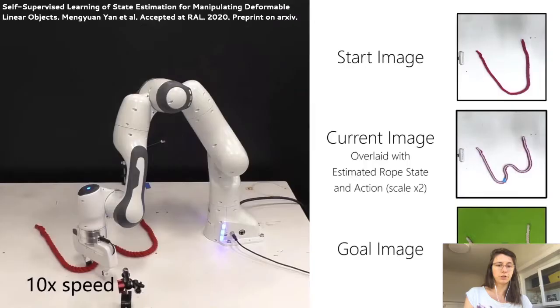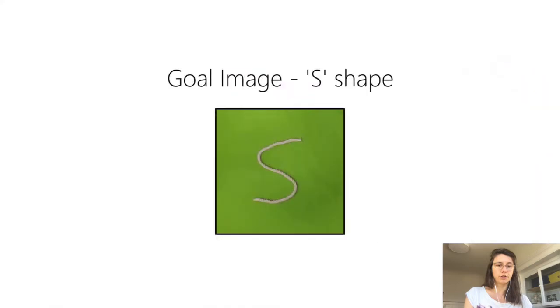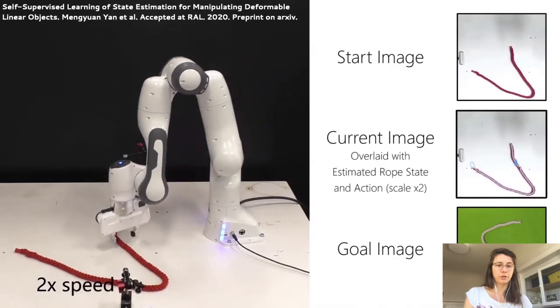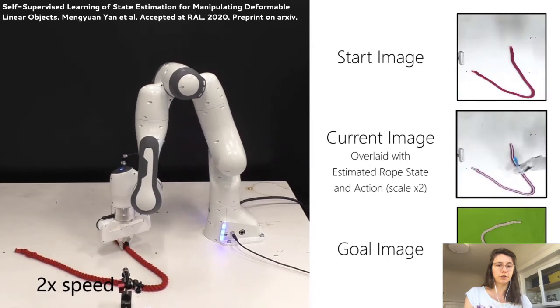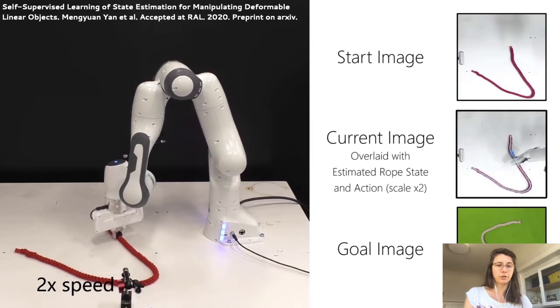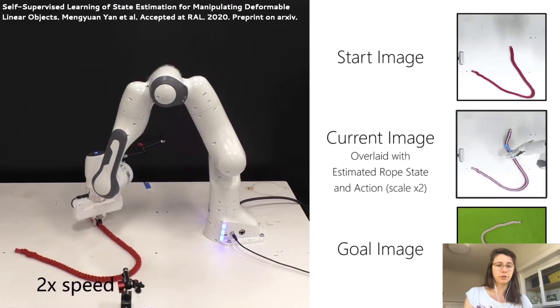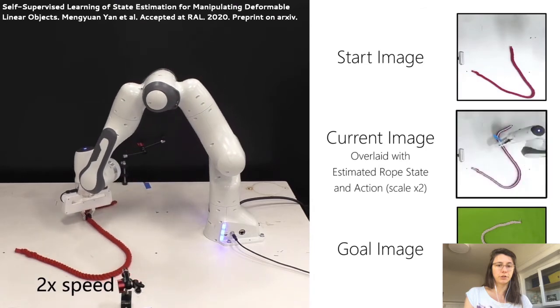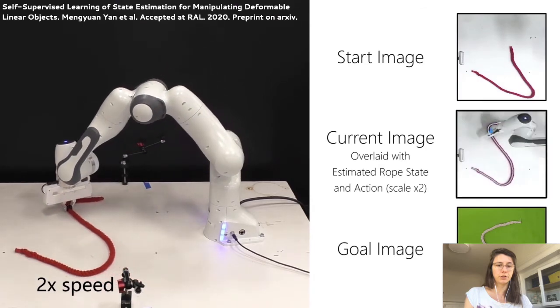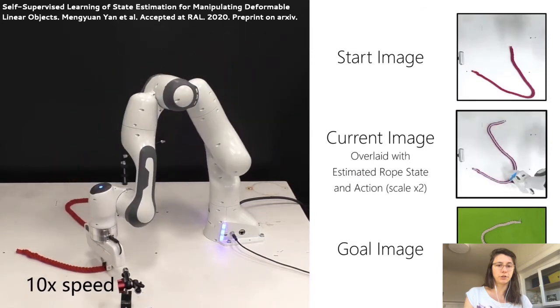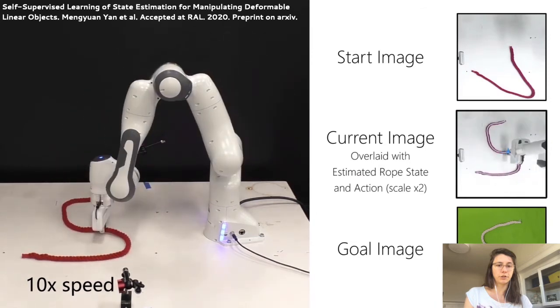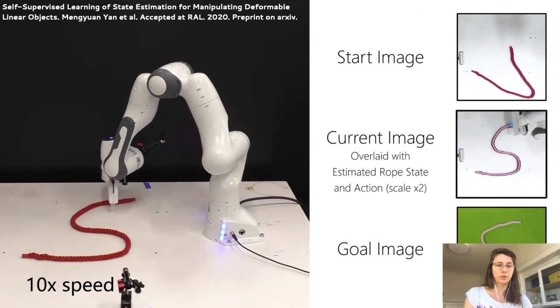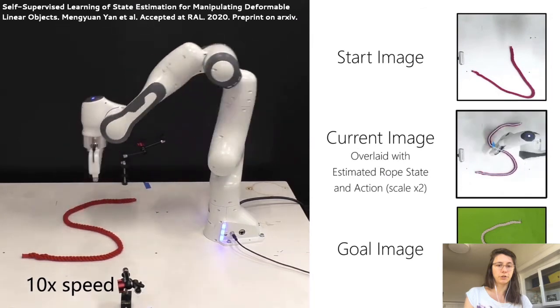And so you've already seen this movie of how this robot can reproduce the shape of the rope with this other rope in this other situation, because it uses a state space representation. And one thing I want to show here is that it's continuously replanning given the estimated rope state.